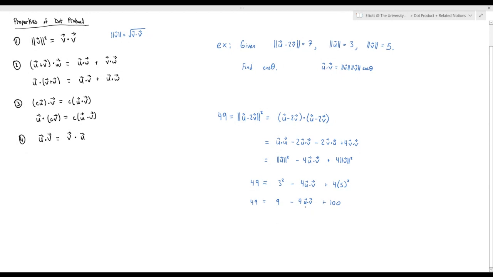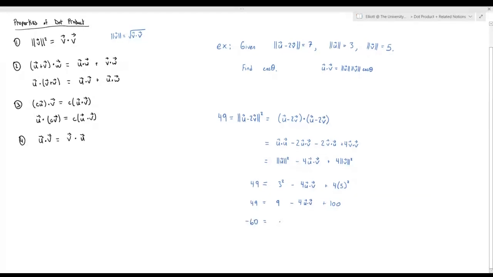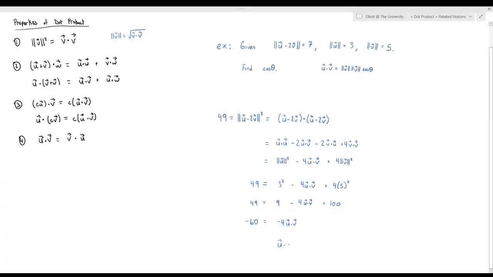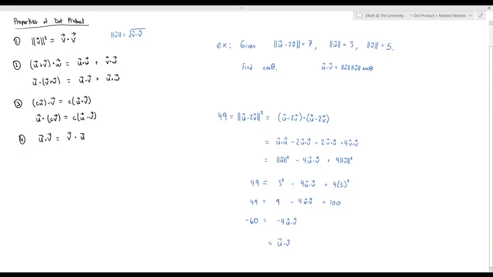I'm going to subtract the 9 over, so that becomes 40, and subtract the 100 over, so 40 minus 100 is negative 60. Divide both sides by negative 4, and that gets us u dot v equal to positive 15. Oh, that's very interesting.